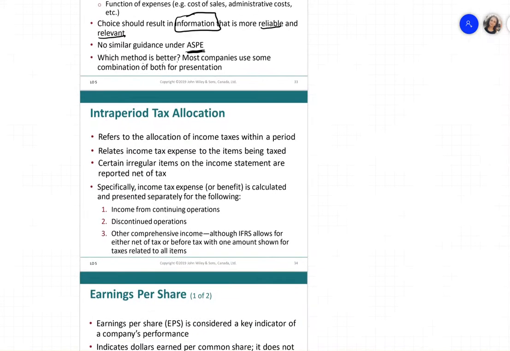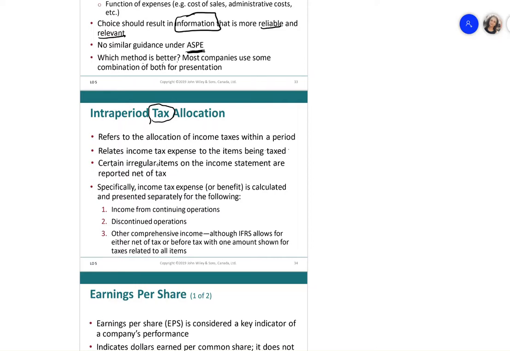Now, when we talk about intra-period tax allocation, this is all about taxes, and you are going to learn in chapter 18 about deferred taxes or future taxes. It refers to the allocation of income tax within a period, relating the income tax to the item being taxed.